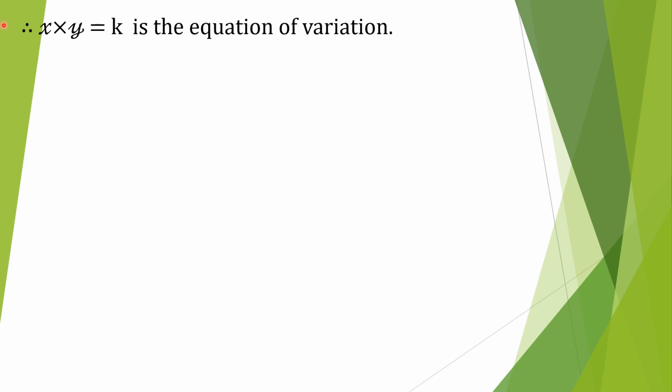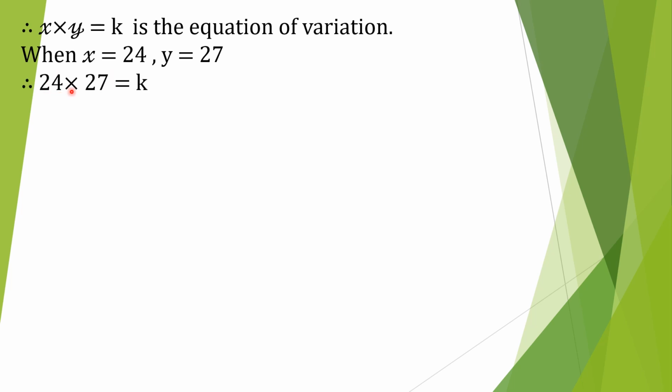Now when x equal to 24, y is equal to 27. So by using this value, let's find out the value of the constant k. So we'll substitute the values 24 and 27 in this equation of variation to find the constant value k.